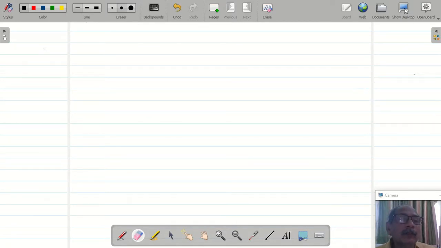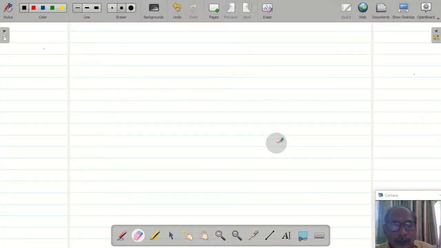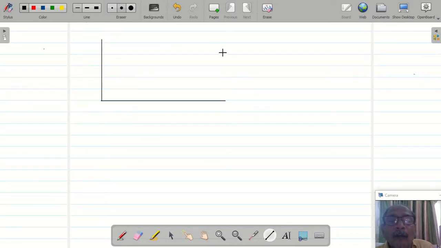The next part I am going to discuss is the effect of change in supply voltage and slip on torque. So if you draw the characteristic like this, I am going to draw the torque slip characteristic. Clear? Like this. It is a torque.